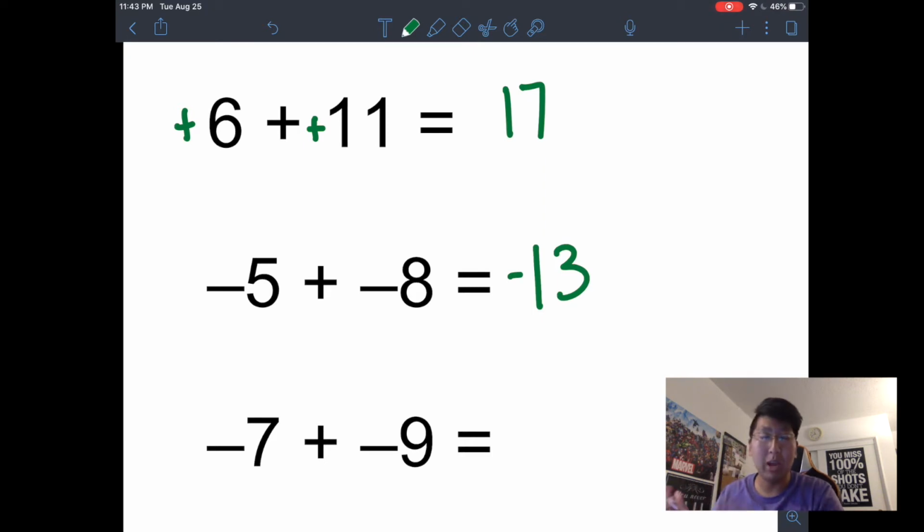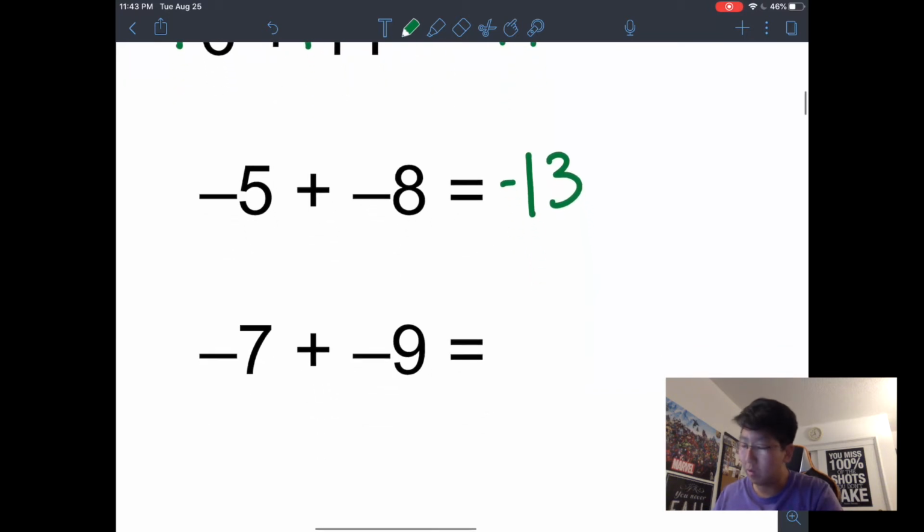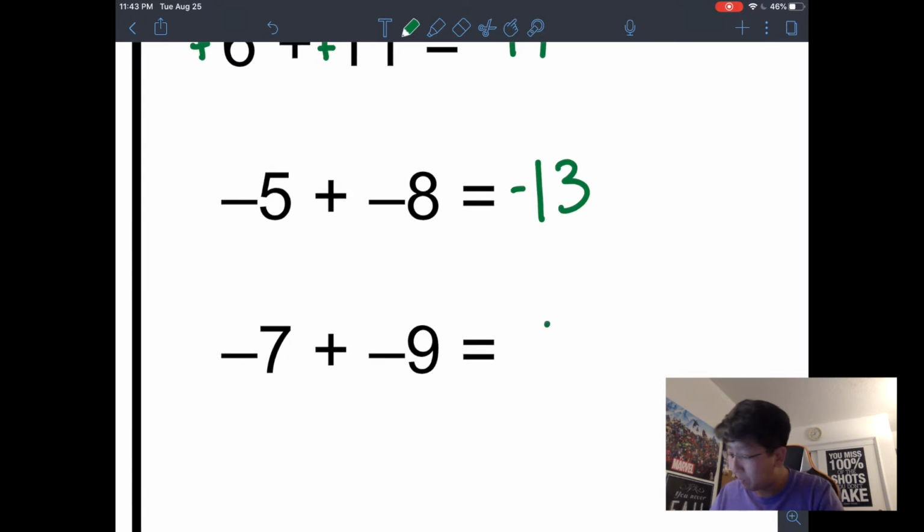So we're going to add the numbers and keep the sign, basically. They're both negatives, so we're going to keep the sign. Negative 7 plus negative 9. Recognize that the signs are the same. When we add them together, we get 16, but the answer is going to be negative because they're both going into the negative direction.